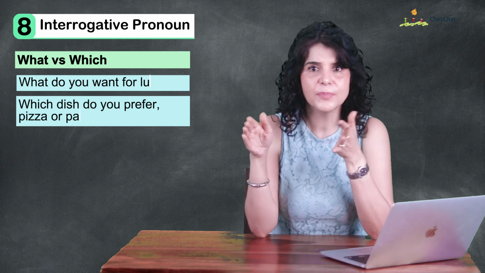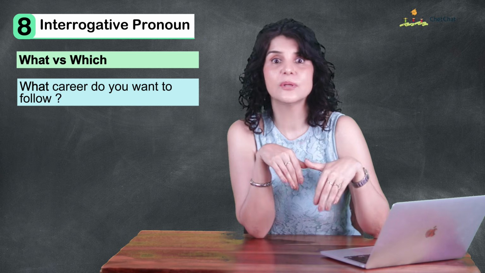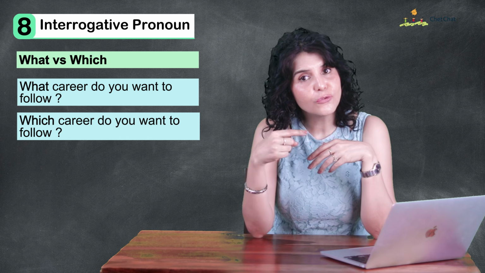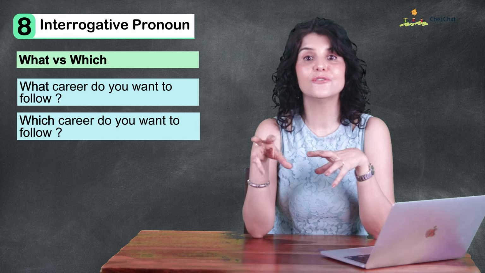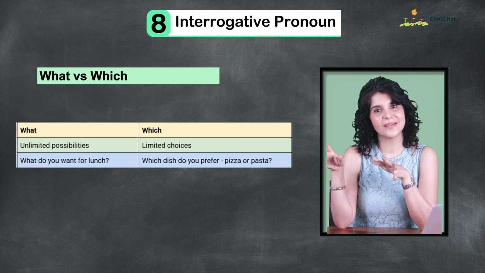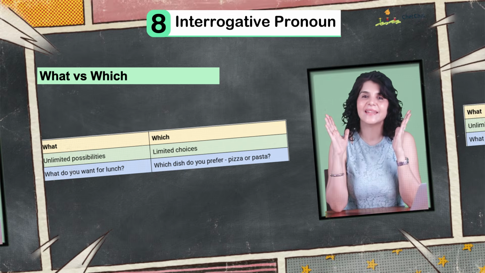It's limited to pizza or pasta. What career do you want to follow? Means you can pick any career. Which career do you want to follow usually implies that there are a few options and you need to choose between them. So here is everything once again in a table, and you can take a screenshot.